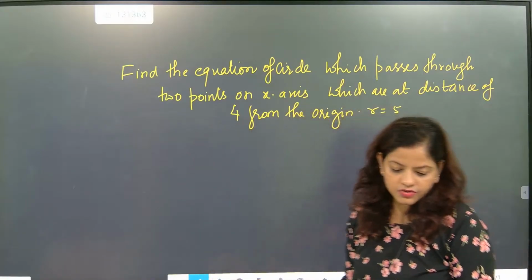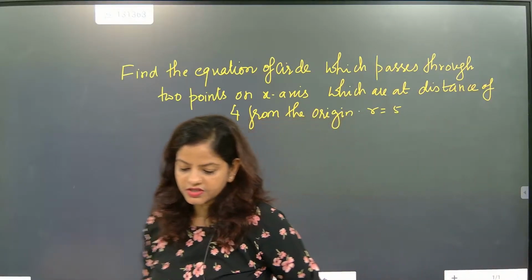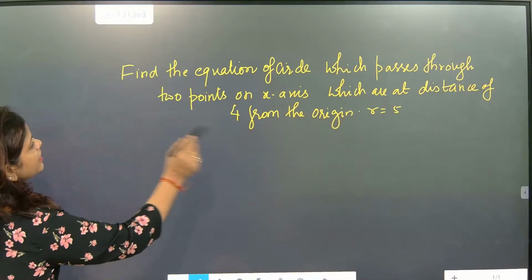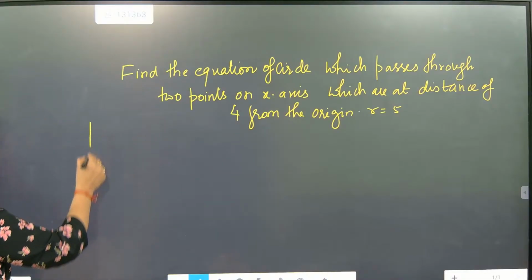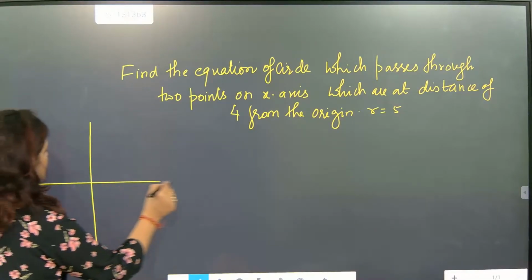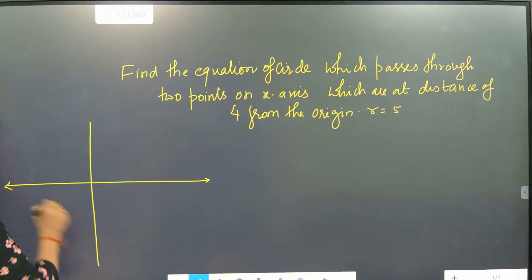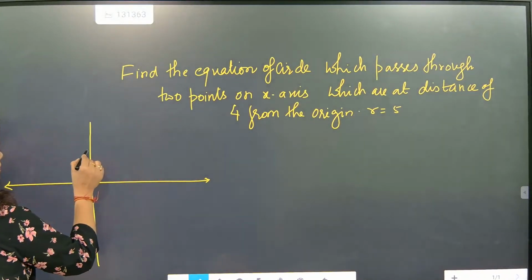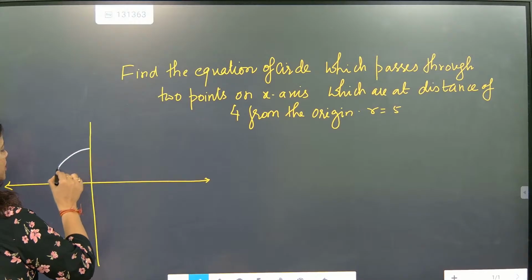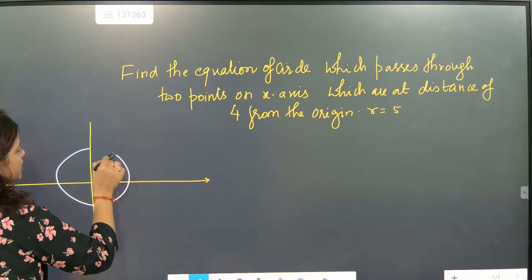Now look here. What are the two equations? They are telling us to find the equation of a circle which passes through 2 points on the x-axis. So let's draw this circle, one circle we are going to draw. They have no information about the center of the circle.